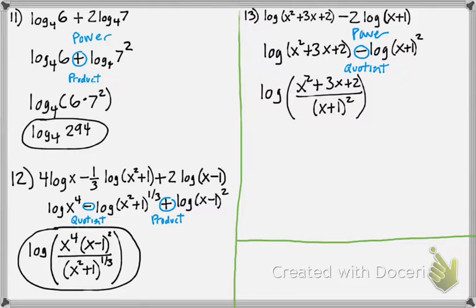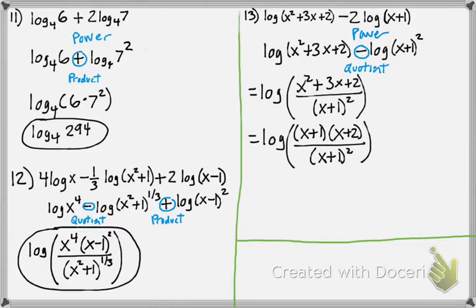Now this one can actually be simplified further because, if I factor that numerator, that's going to be x plus 1, x plus 2 all over x plus 1 squared. So that x plus 1 will cancel out with one of the x plus 1's on the bottom. And that's going to leave you with x plus 2 on the top and just a single x plus 1 on the bottom. And then that would be your final answer.